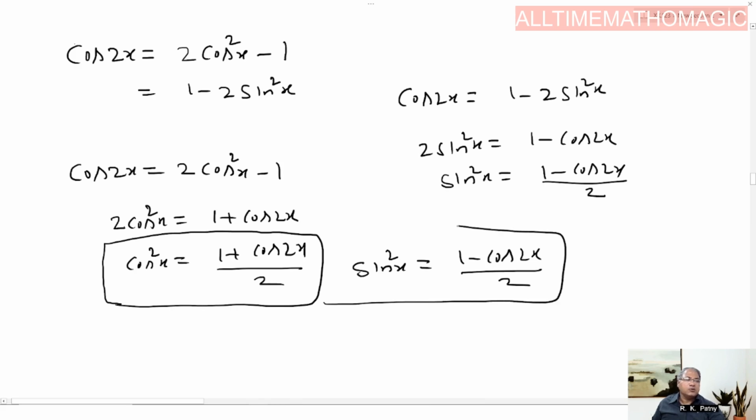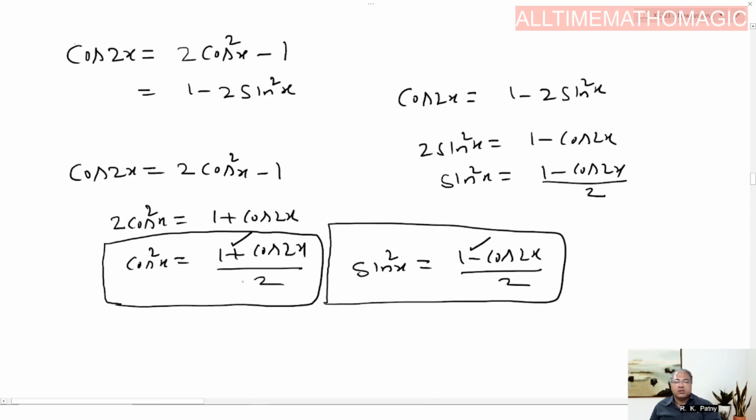These are the two important trigonometric formulae you must know whenever you are doing integration of sin square x and cos square x. Please write down these two formulae aside in your notebook so that you will not get confused. The logic is that when cos square x is there, there is a plus, and when sin square is there, there is a minus.